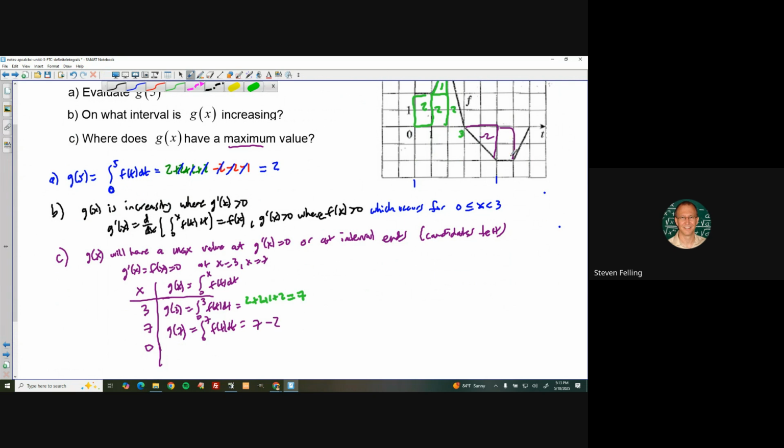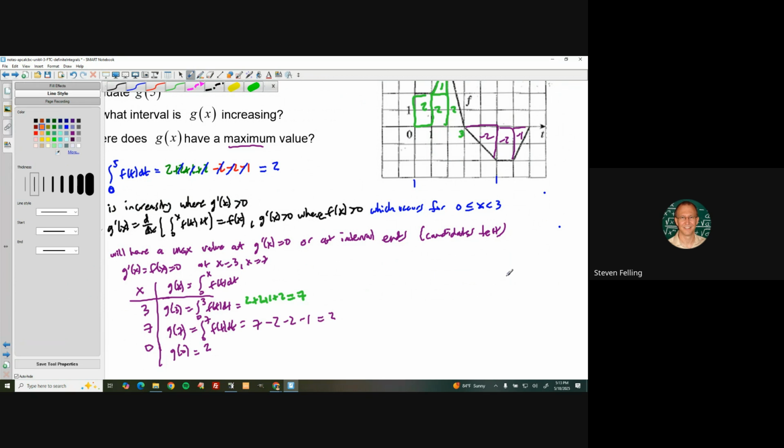There's a negative 2 for this region. And there's a negative 1 for that region. So that's 7 minus 2 is 5, minus 3 more is 2. And then finally, g of 0, we evaluated that in part A to also be 2.